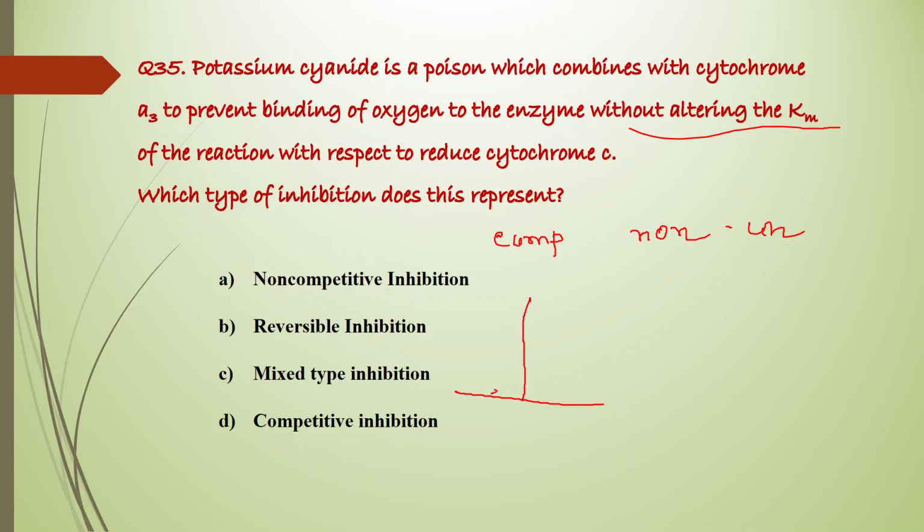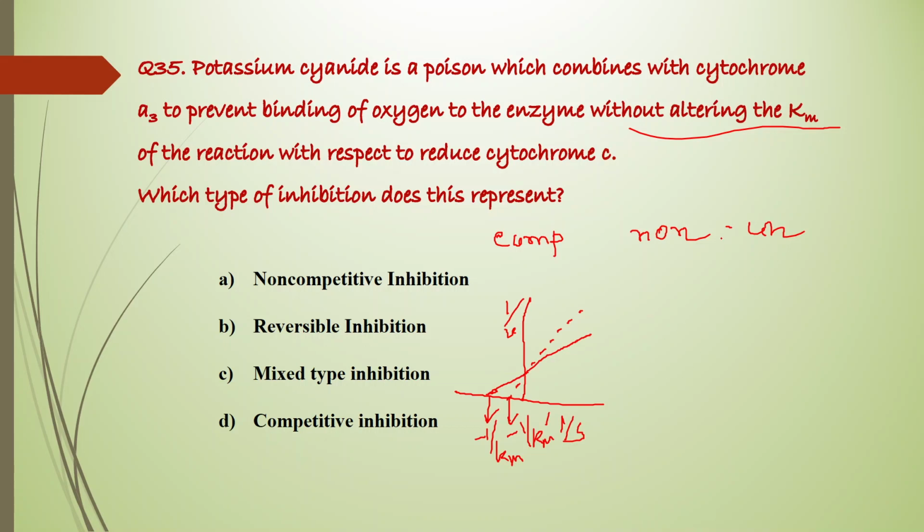For competitive, after adding the inhibitor, the curves look something like this, 1 by V versus 1 by S, and there is a change of Km value. This was for competitive inhibition.